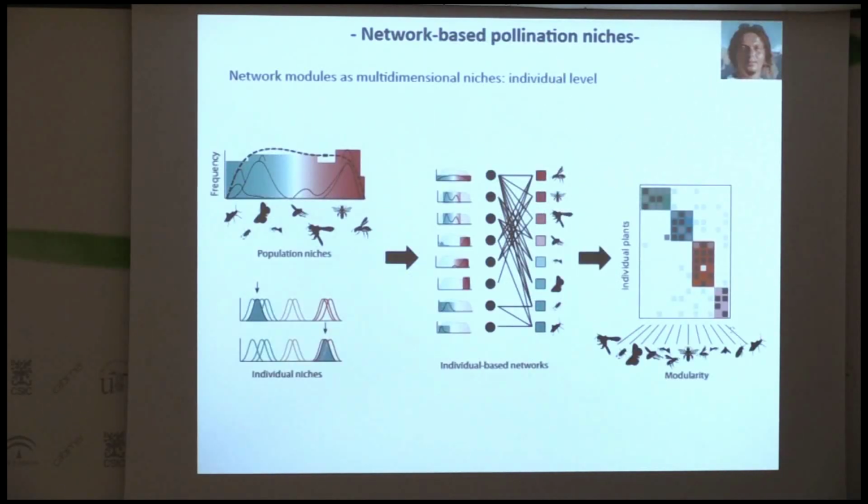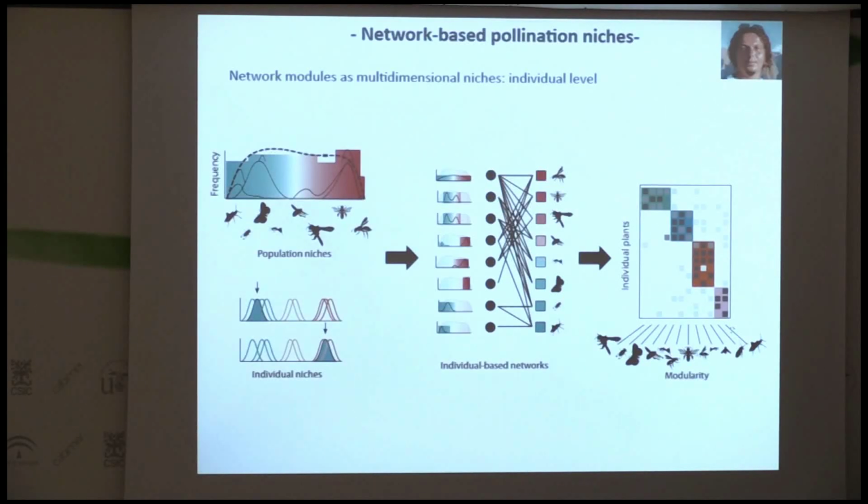We can use this even to identify niches within a species, even at the level of the population. We can make a network at the individual level. This is something that we have developed with a student, Javier Valverde, who is now in Portugal, trying to see what the individual niche is of each plant belonging to a population. Some time ago, some people started to think about the possibility of individual specialization within a generalist system or generalist species.